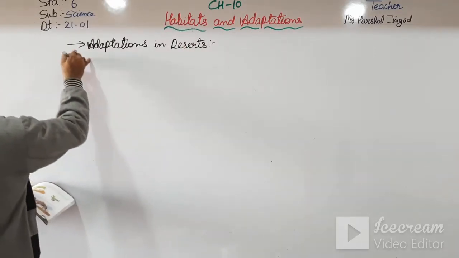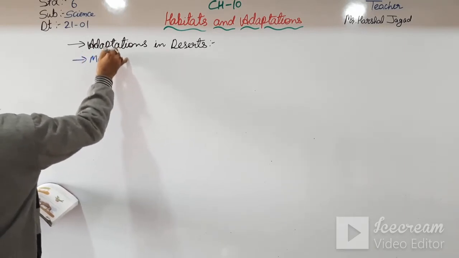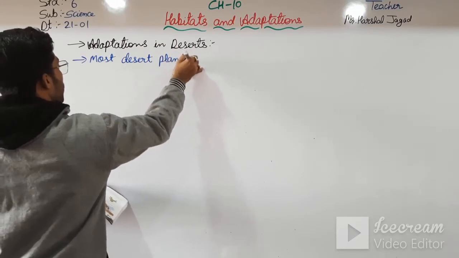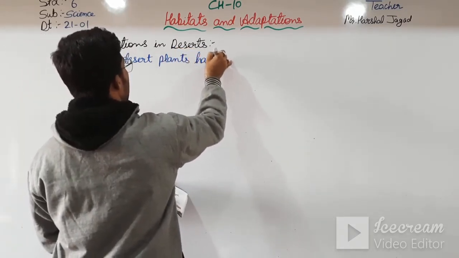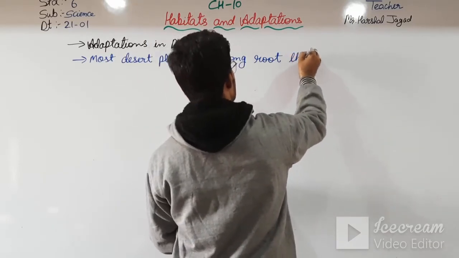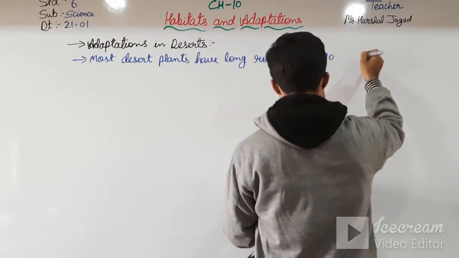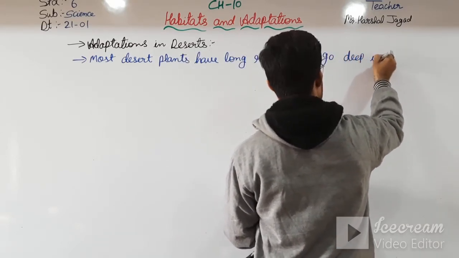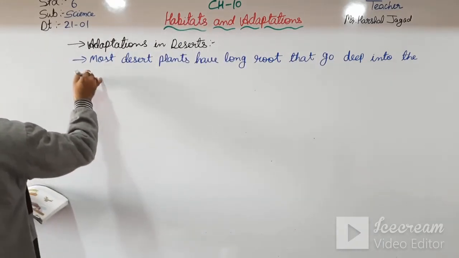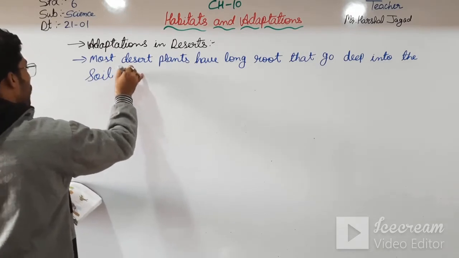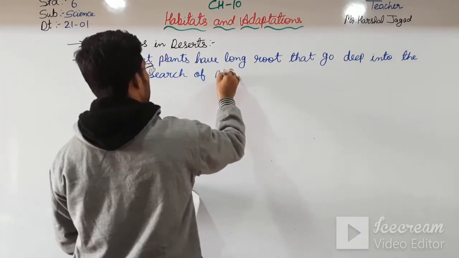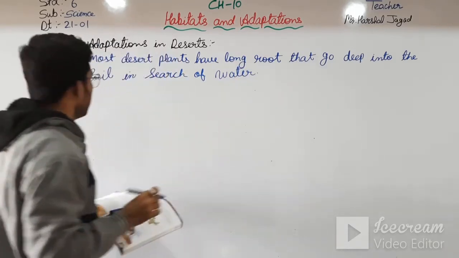Okay, the first adaptation is that most desert plants have long roots that go deep into the soil in search of water.